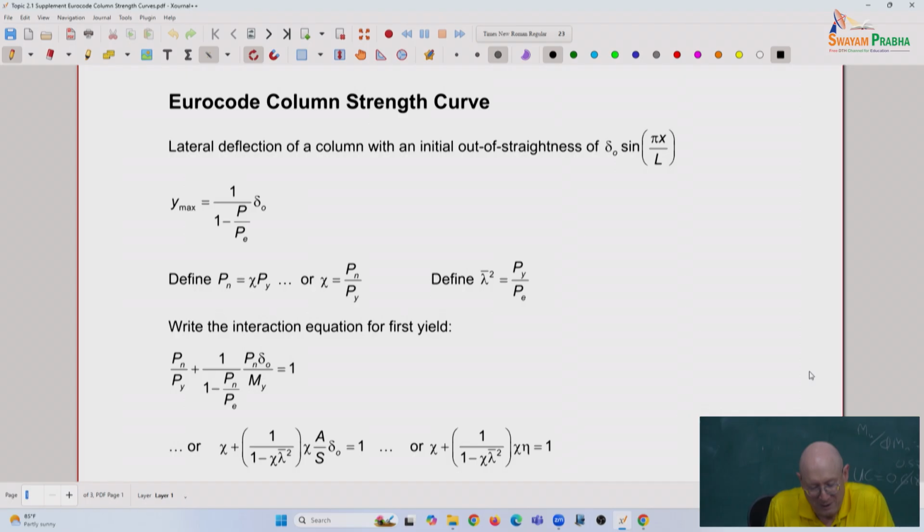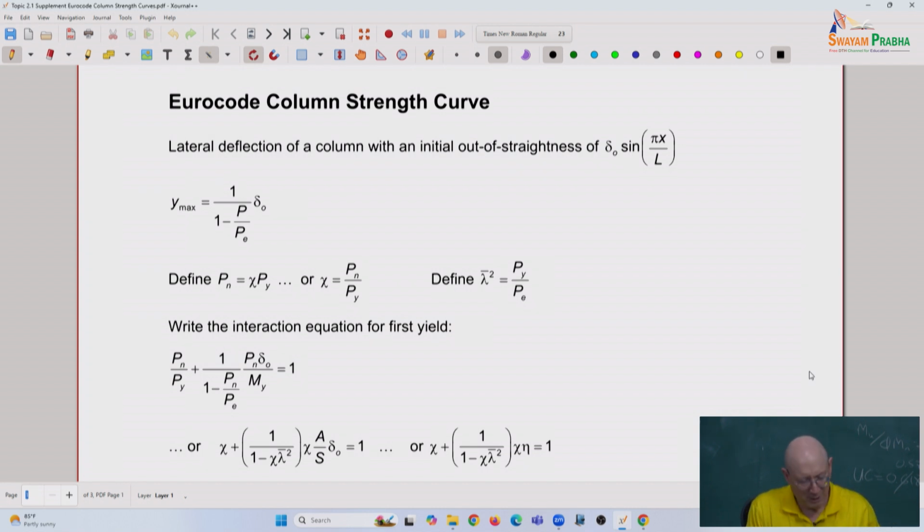Then we can basically say the largest bending moment that we get from that would be our favorite amplifier, 1 over 1 minus P over P sub e, where P sub e is pi squared EI over L squared, times delta naught.